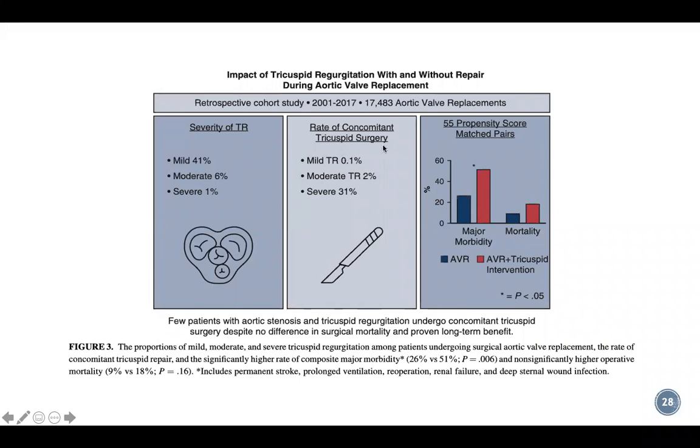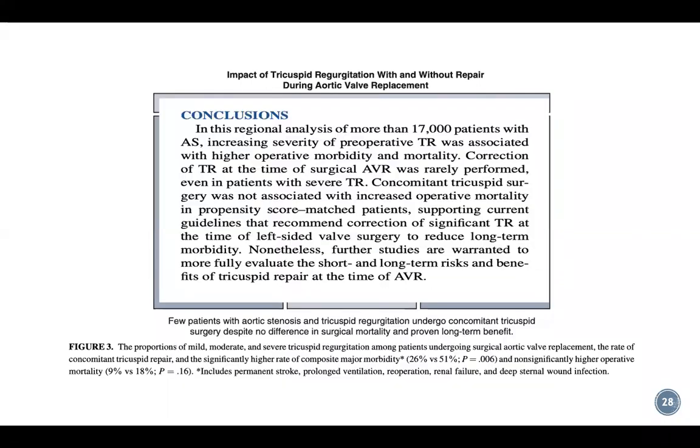Interestingly, the rate of concomitant tricuspid valve surgery was 0.1% with mild, moderate only 2%, and severe only 31%. However, in propensity-matched pair analysis, they found it affected morbidity and mortality, and they recommend addressing that at the same time as the AVR, because that will benefit the patient in the end.